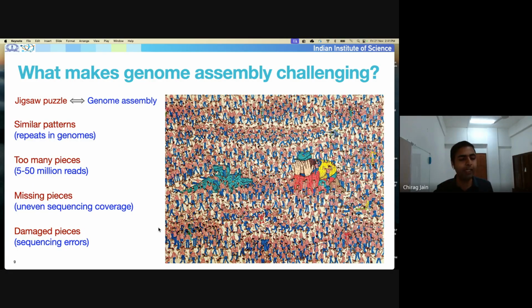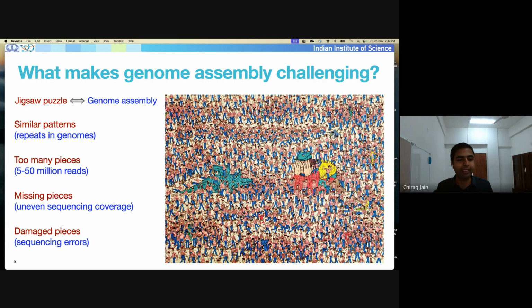Finally, one other point which adds a lot of challenge is sequencing errors. The sequencing machines are not guaranteed to read the DNA with 100% accuracy. That is, they will also make mistakes in the reading process. For example, the true sequence may say A, but they may tell you C. These kinds of errors also happen in the reading process.